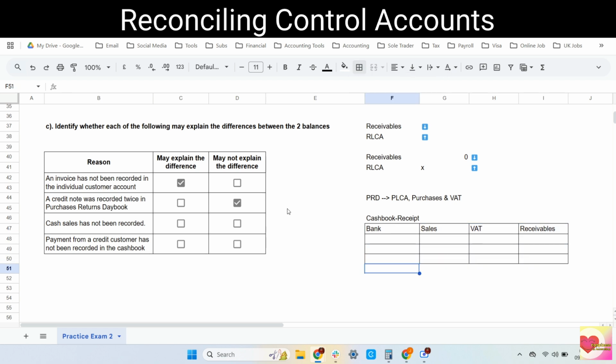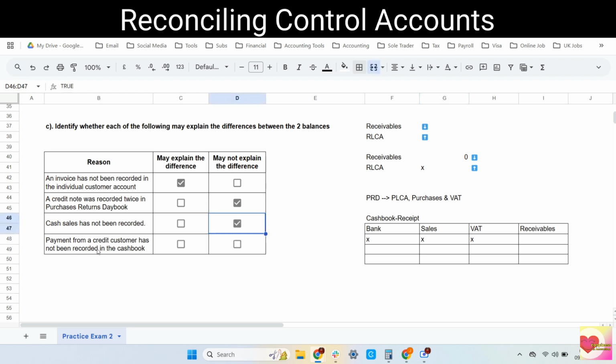The cash sales are supposed to be recorded in the bank column, sales, and VAT. We do not record anything in the receivables column or in the individual customer account for cash sales. So whether we recorded the cash sales or not, it does not affect our receivables or RLCA, so it may not explain the difference.